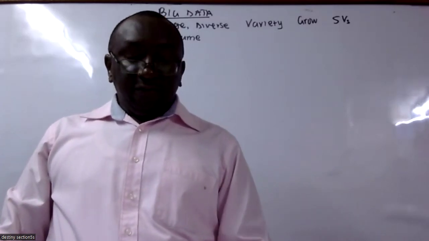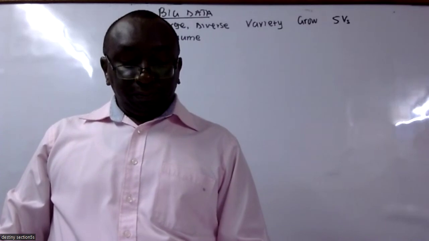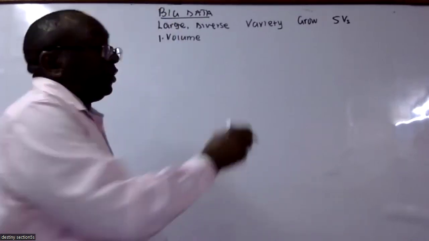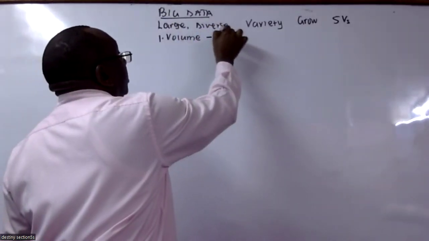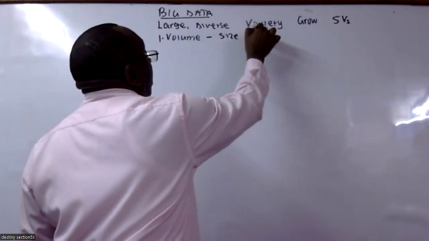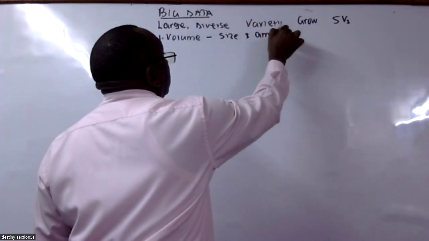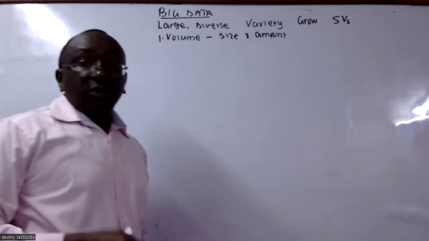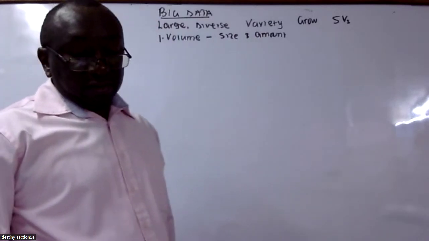One is volume. Volume, and we just put a hyphen, size and amount. Volume is about size and amount.